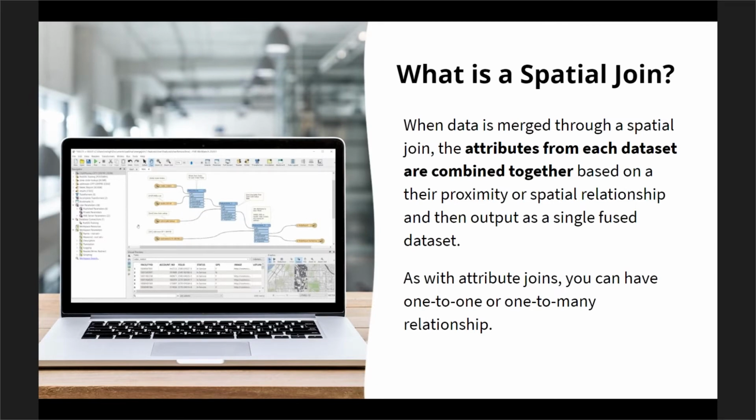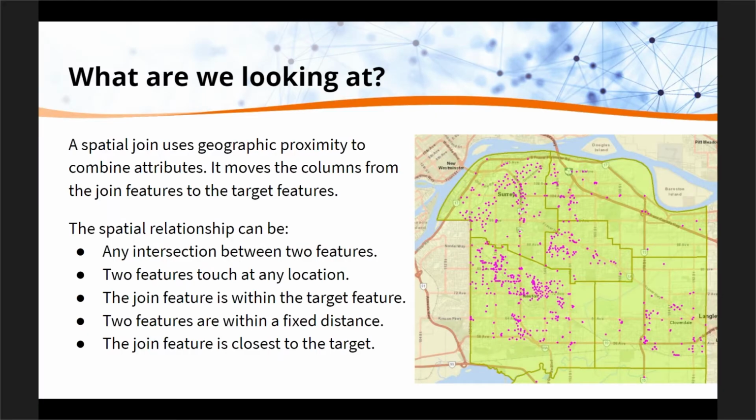So Dale just introduced and demonstrated how FME can be used to perform spatial joins by examining the spatial relationships between data sets. Let's take a closer look at this. Our goal with a spatial join is to move columns from the join features to some target features based on the geographic proximity of those features.